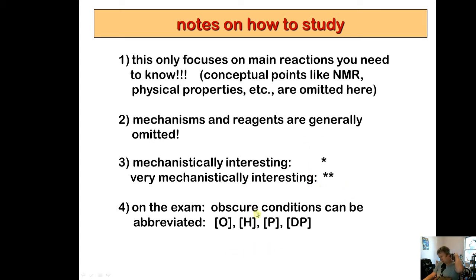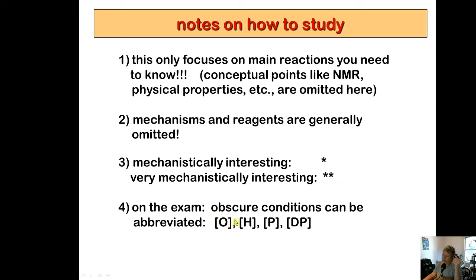On the exam, obscure reaction conditions can be abbreviated as oxidation or reduction or protection or deprotection. So if it's an obscure oxidizing agent, like I think aromatic amines are oxidized to aromatic nitro with an MCPBA derivative, for example. I can't even remember it.